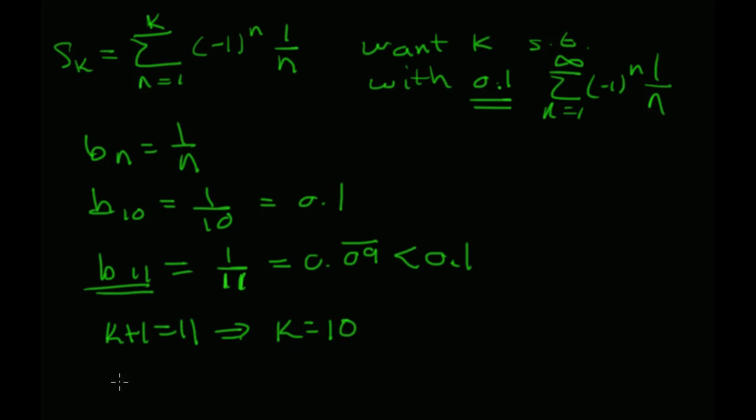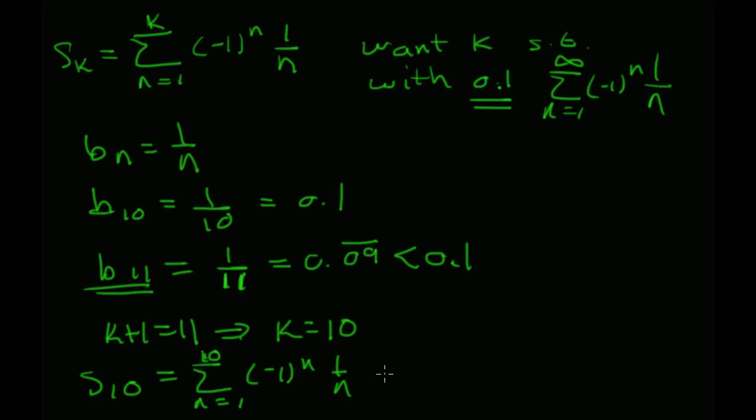So if I add up S sub 10, the first 10 terms of the series, that would be like 1 over 1 plus or minus a half plus a third minus a fourth, all the way out to 1/10.